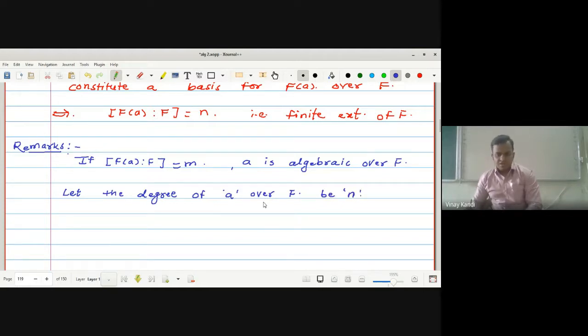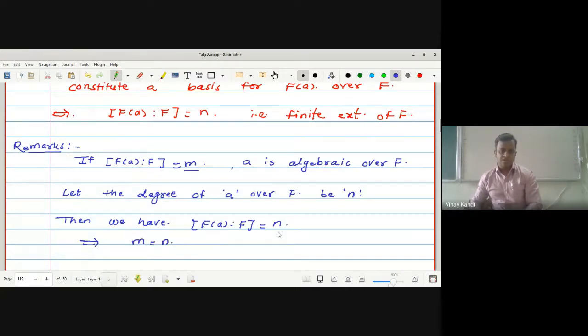What is the meaning of this sentence? a satisfies a polynomial of degree n. Then we have the degree of F(a) over F, which is the degree of a, so n. This implies m is equal to n.